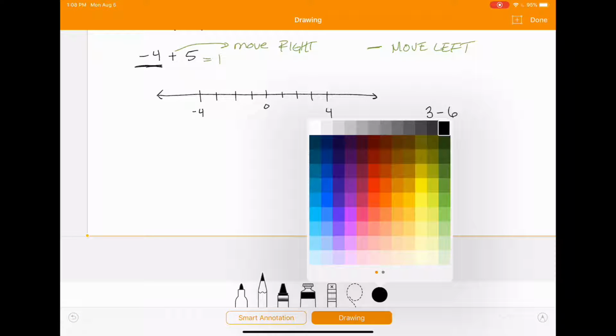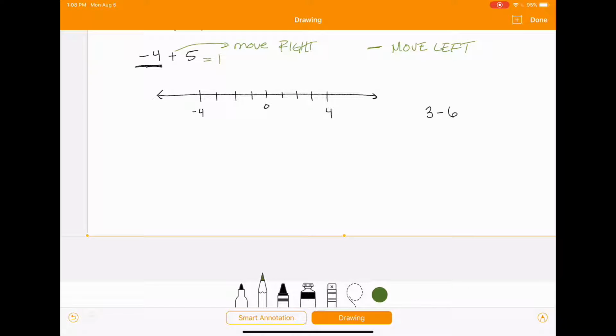So we're going to go ahead and start at 3, 1, 2, 3, and then move to the left 6 because we're subtracting. So move to the left. So 1, 2, 3, 4, 5, 6. So -3 is going to be our answer to that.